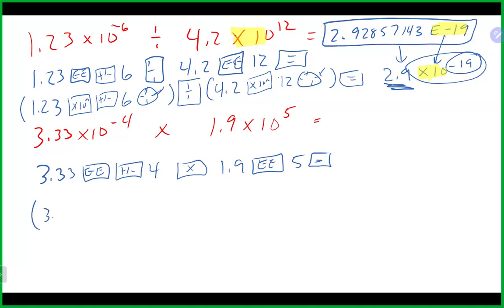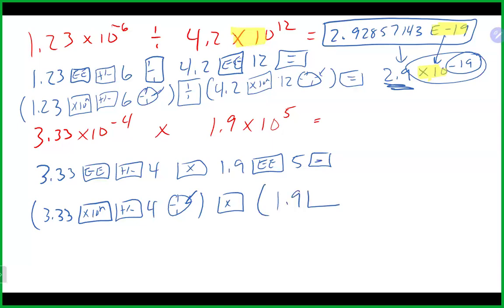Again, if you have the other calculator, you're going to do the same thing, except you need your parentheses. So parentheses 3.3 times 10 to the n, our negative, our 4, bring our cursor back down, our multiplication, open a parentheses, 1.9 times 10 to the n, and a 5, again, then close our parentheses and our equals.